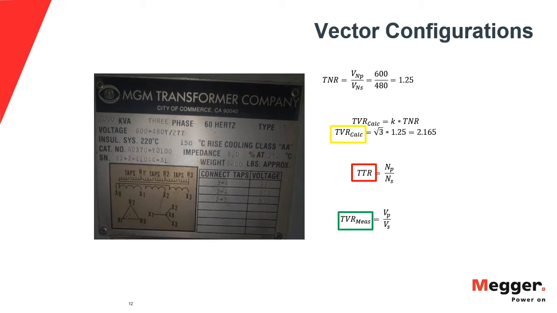So at the end, I will use this final number, 2.165, to compare to the actual measured value that I'm getting from my TTR instrument. Again, the final number is the one that I get after multiplying my TNR by that recalculation factor, depending on the vector configuration of my transformer. Okay.